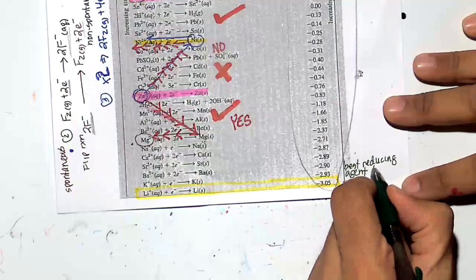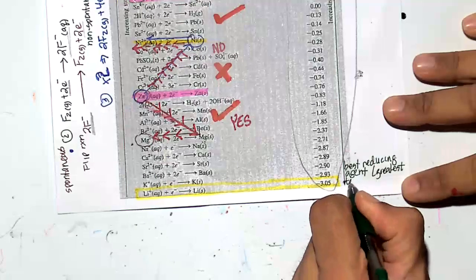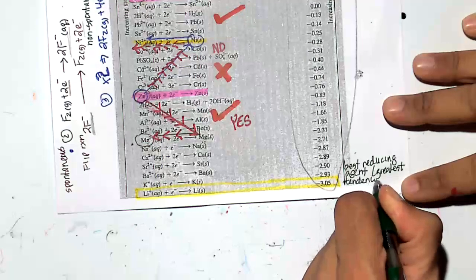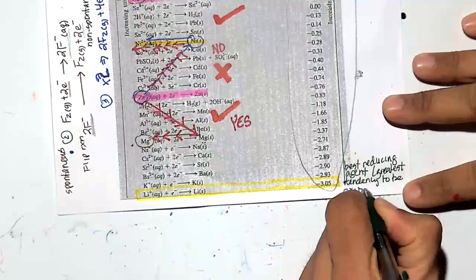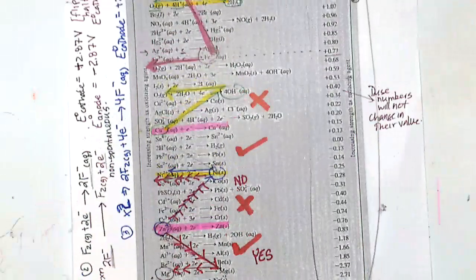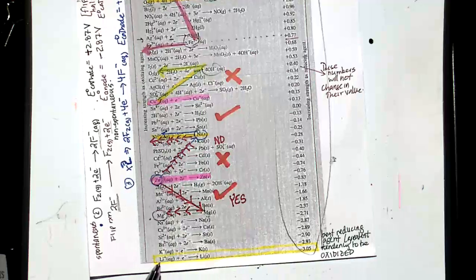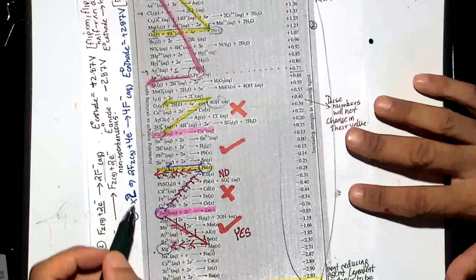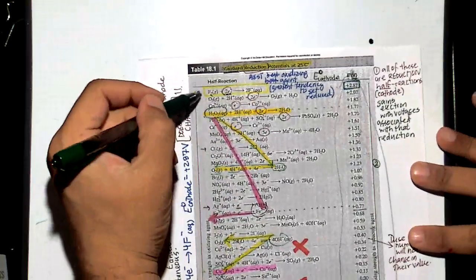It has the greatest tendency to become oxidized. So this is very good at keeping everything above the same and itself getting flipped.